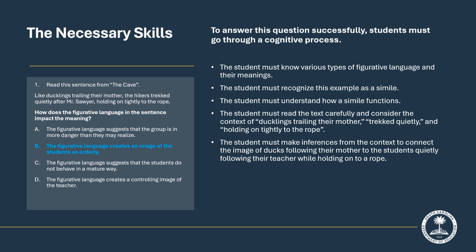The student must read the text carefully and consider the context of ducklings trailing their mother, trekked quietly, and holding on tightly to the rope. The student must make inferences from the context to connect the image of ducks following their mother to the students quietly following their teacher while holding on to a rope.